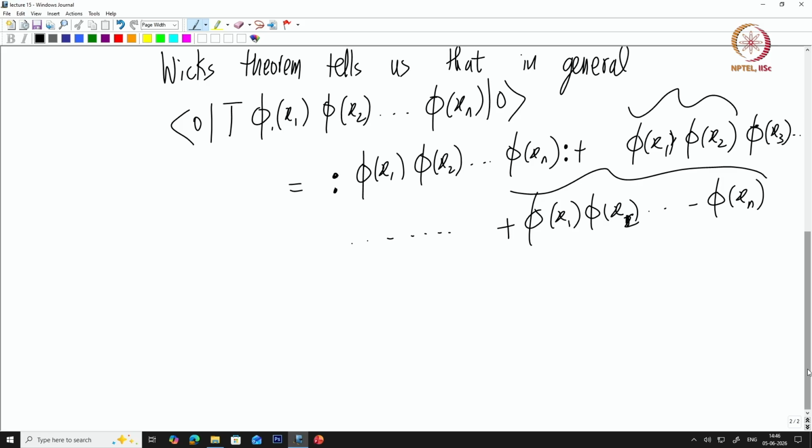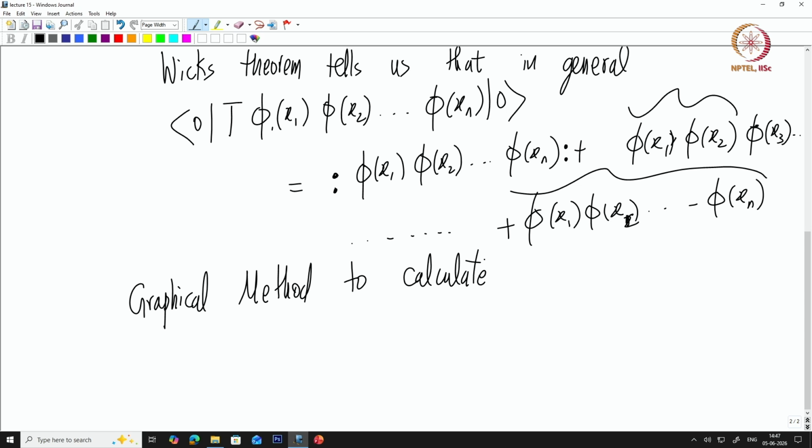But before that, let me tell you something interesting, that you can use a graphical method to calculate the S matrix elements.